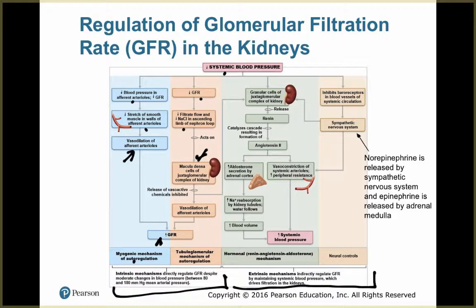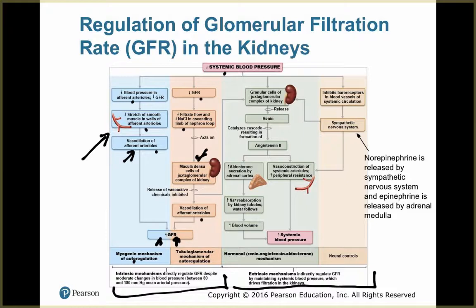And so they basically release vasoactive chemicals, or they actually inhibit the release of them, and so then you get a vasodilation of the efferent arterioles, just like you did up here, and it increases. So this one right here basically works from sensing blood pressure or the changes in blood pressure.